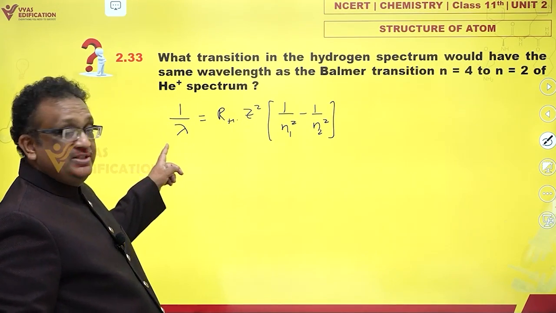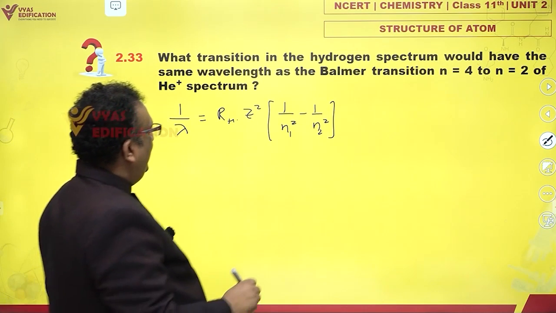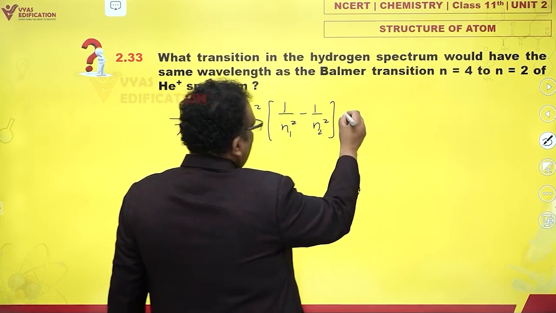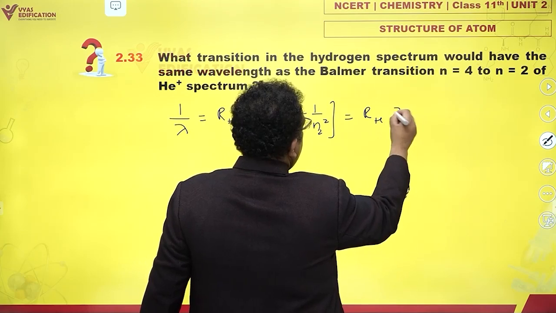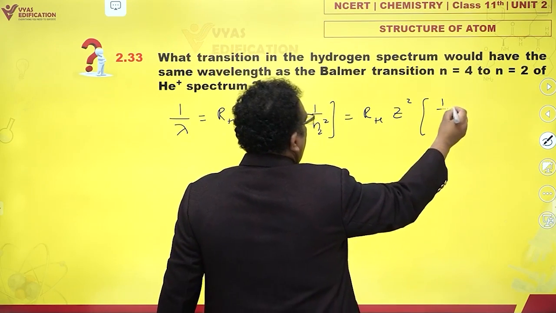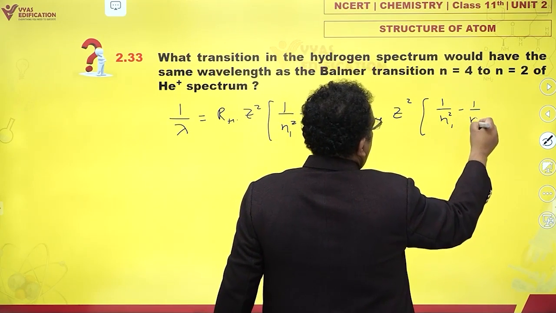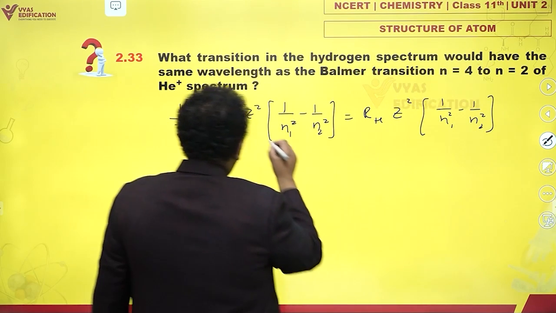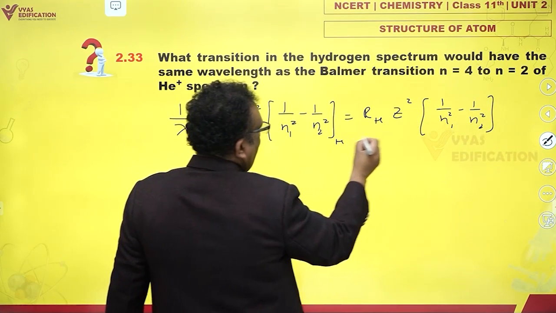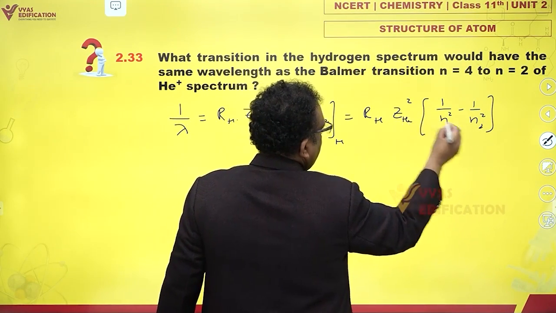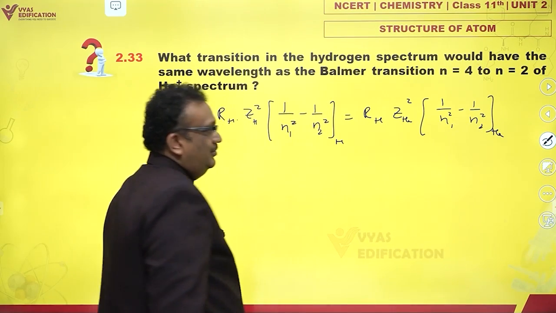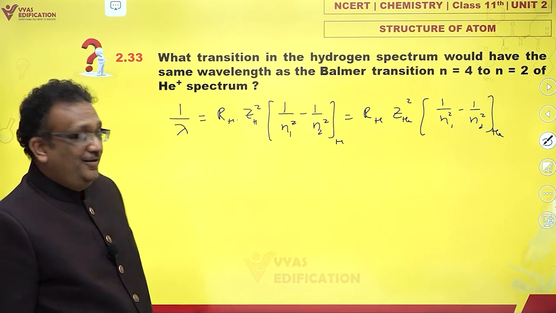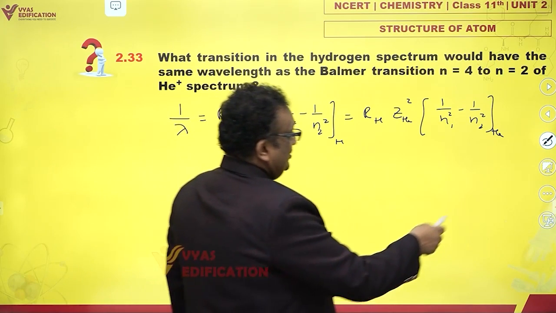And since lambda is same, I can say this is equal to RH Z square 1 upon N1 square minus 1 upon N2 square. This is for hydrogen and this is for helium. Can I simplify?